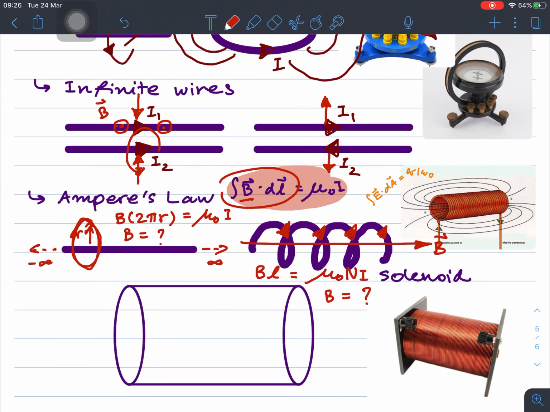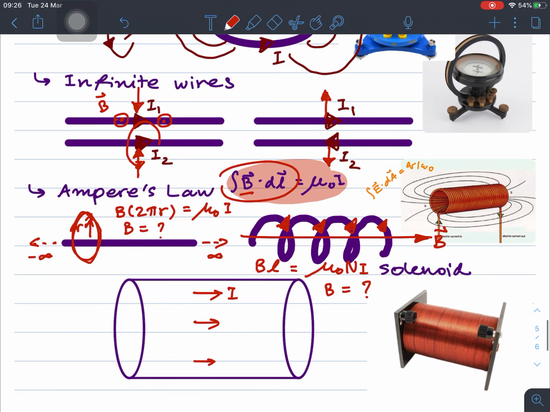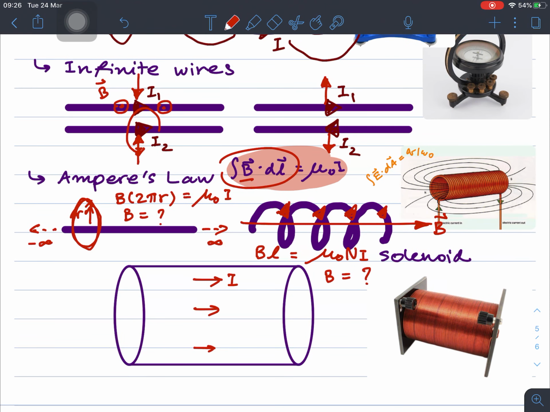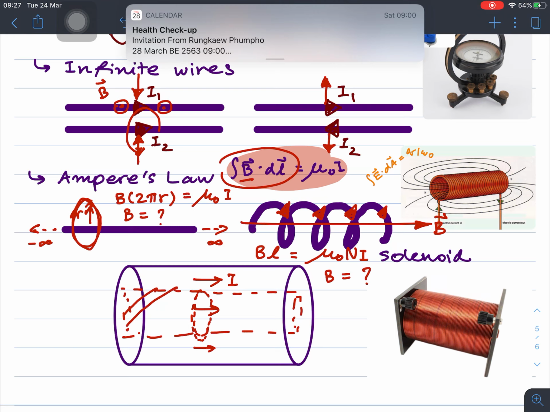And for the final case, you are considering a big wire. This has electric current flowing through it, and in the same fashion as Gauss's law, where you consider the charge enclosed in a Gaussian surface, in Ampere's law we consider only the current that is in the Ampere loop.